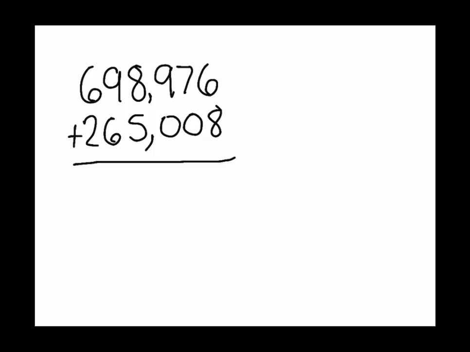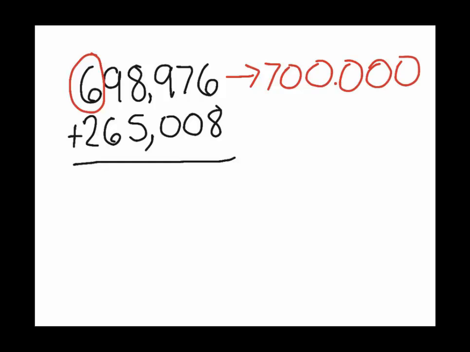So what we'll do is round this large number, and usually the best way to do it is to round to the largest place value, so that's the 100,000s place. So 698,000 is closest to 700,000 if we were to round it. Make that a comma.